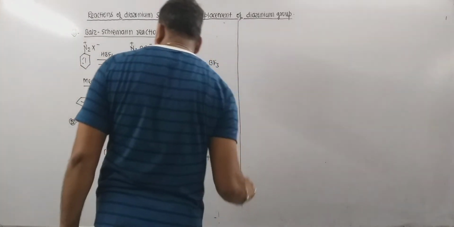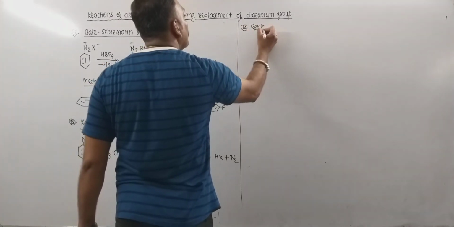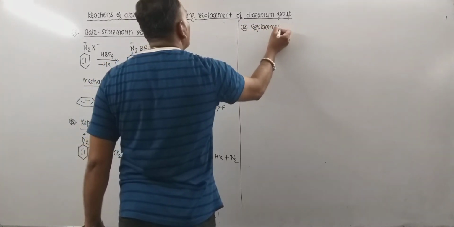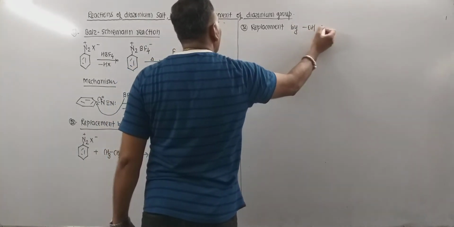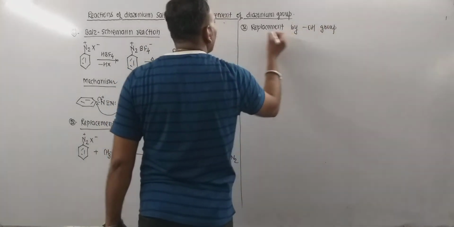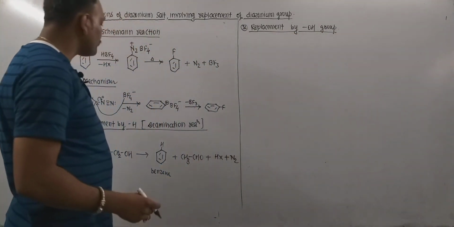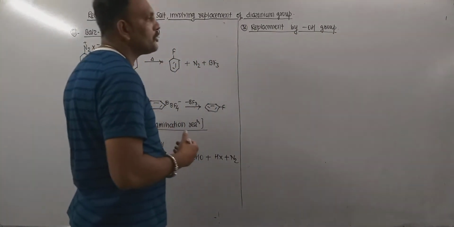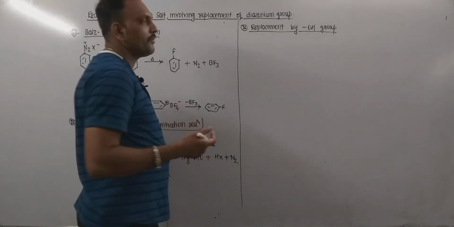Now the next very important property is the replacement of the diazonium group by the OH group. Remember, if the diazonium group of the diazonium salt is replaced by the OH group, then the resulting product will be none other than phenol.